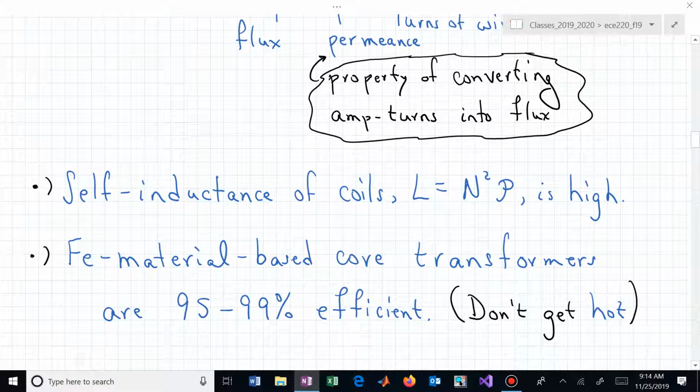So anytime you're trying to be efficient, you're trying to minimize the amount of heat you're having to get rid of in your circuit or device.